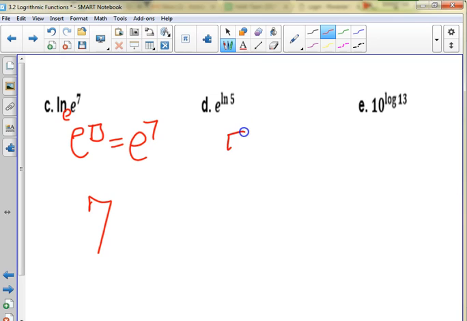All right, so this is 5. Can I just keep going, or do you need me to talk about how to write that back into the other form and so on? This one, you want me to talk about it? Okay, this is currently an exponent, right? So this is the base, this is the power, equals the number. If we rewrote that as a log, it would say what?